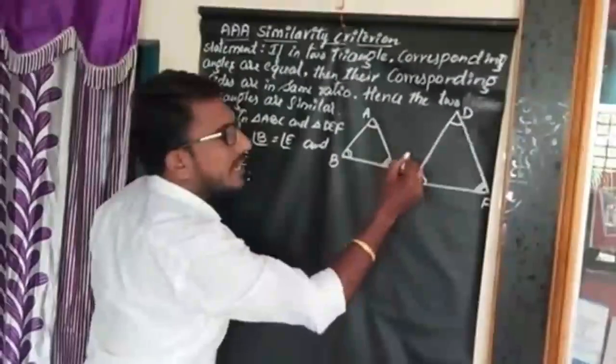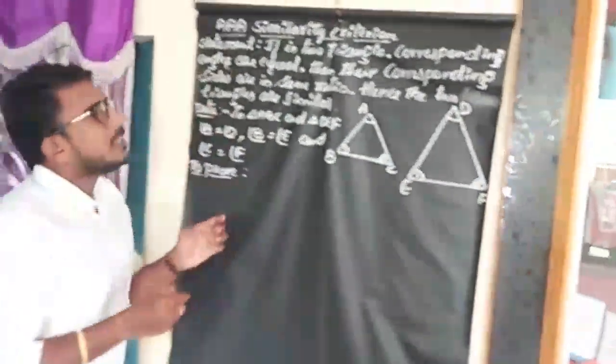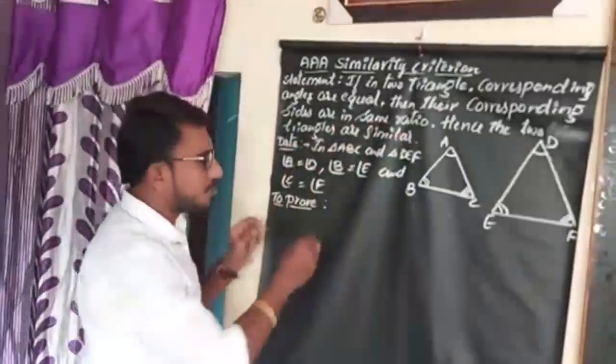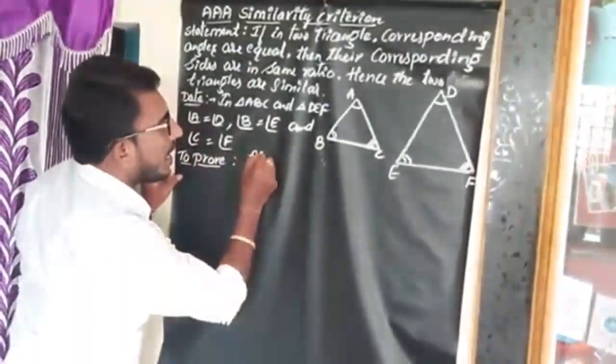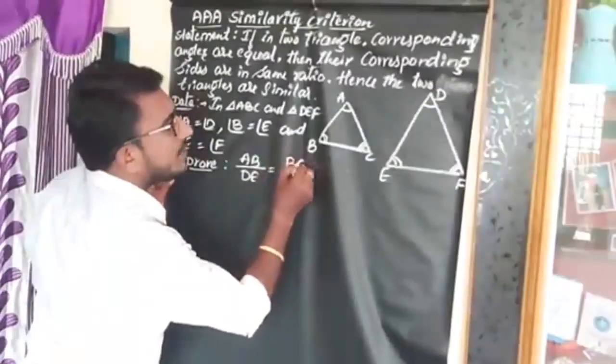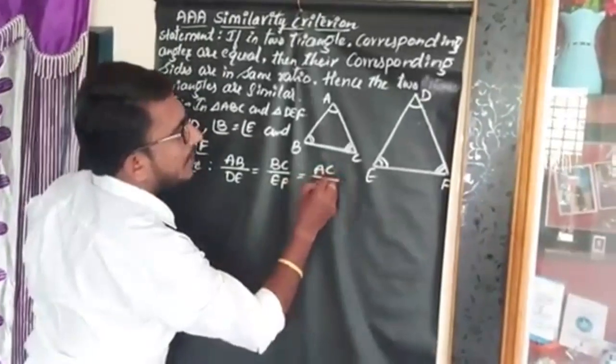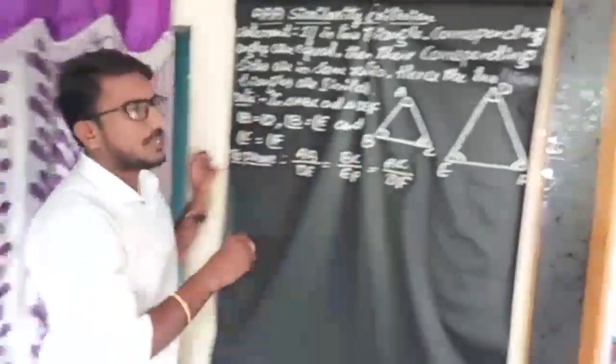Similarly, AC corresponds to DF and AB corresponds to DE. The corresponding sides are in the same ratio. That means AB divided by DE is equal to BC divided by EF, which is equal to AC divided by DF. This is what we want to prove.